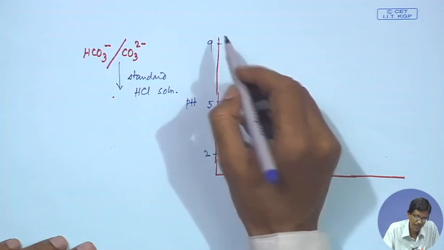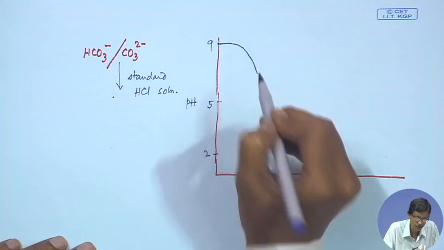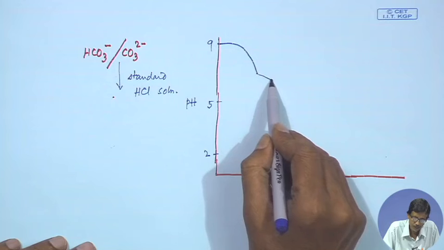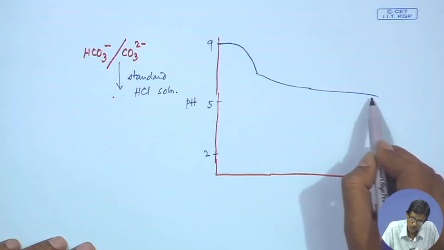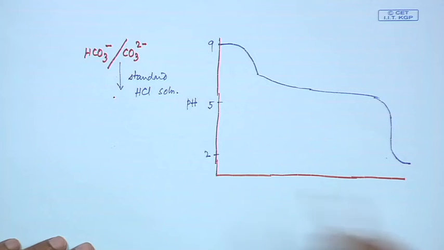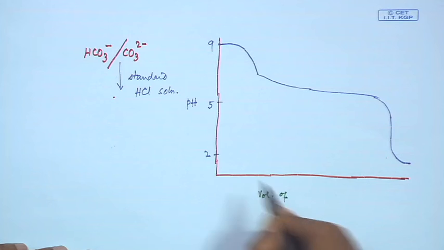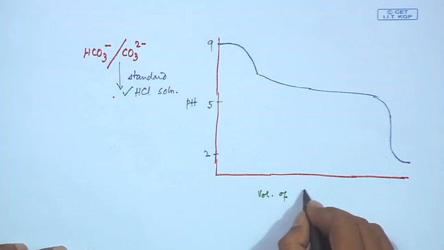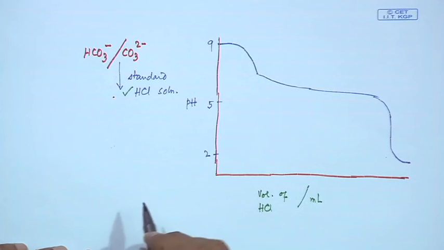This particular one is not a very sharp one, but is going like this, which is a broad one, and when it moves up to this point it gives a very good change. What we get there is the corresponding volume of this acid that you are adding in milliliters. So, volume of HCl that we are adding in milliliters.